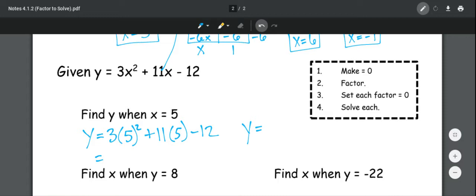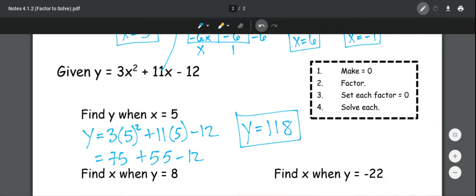Remember, exponents, then multiply. So don't do 15 squared. It's 5 squared is 25 times 3 is 75. 5 times 11 is 55. And then minus 12. So 130 minus 12 is 118.